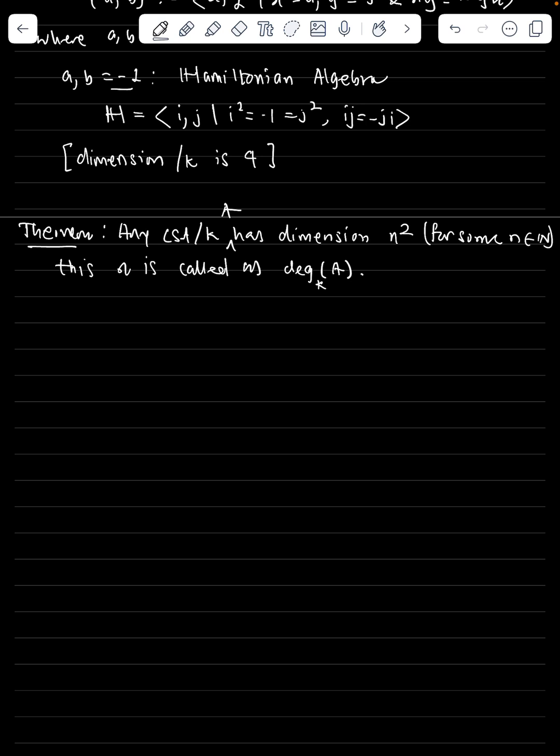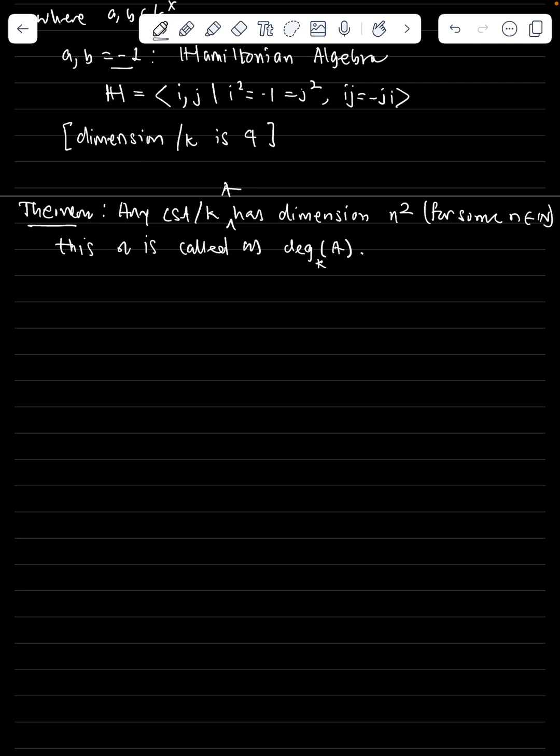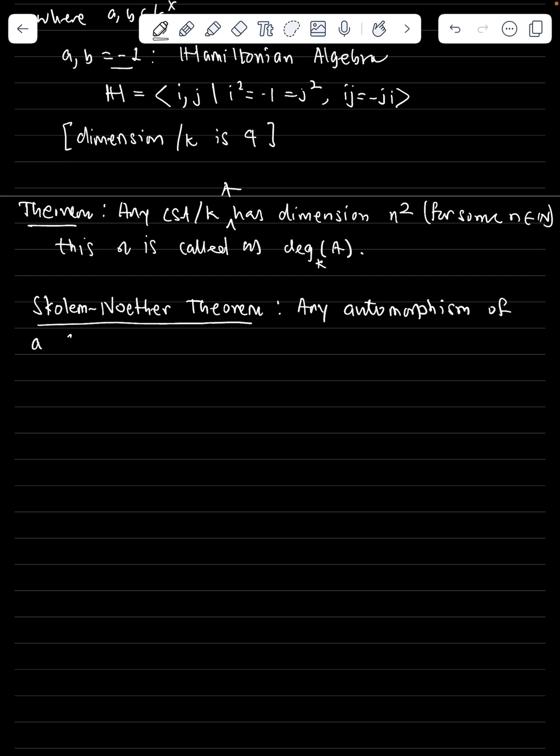So one thing is, let's start with the easiest one, at least the easiest one to state. Let's call it the Skolem-Noether theorem. It says that any automorphism of a central simple algebra is in fact an inner automorphism.